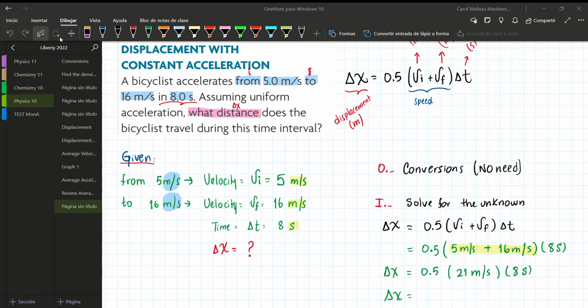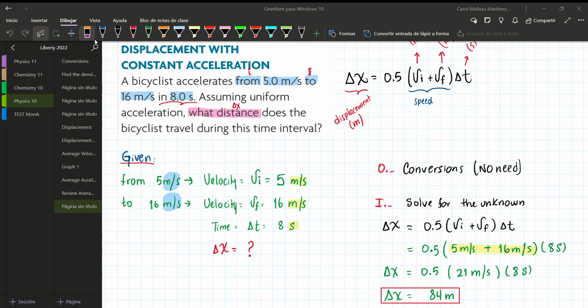Thank you, Kenzie. Yes, the answer is correct: 84 meters. So what does the answer mean? The question says, what distance does the bicyclist travel during this time interval? From the moment the bicyclist began to accelerate from 5 to 16 meters per second, that happened in 8 seconds.